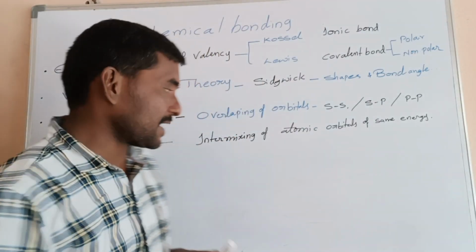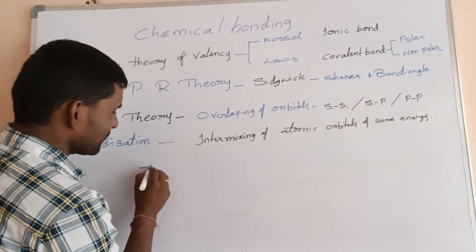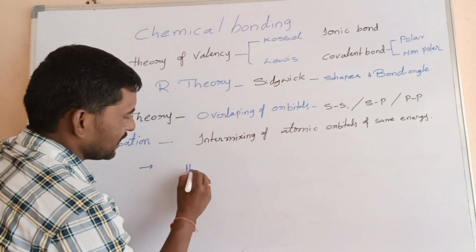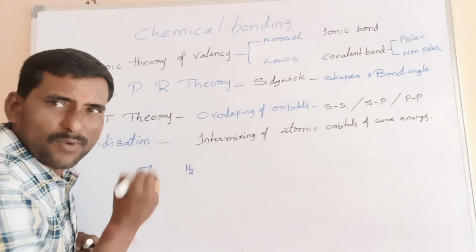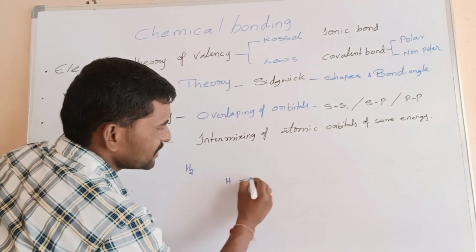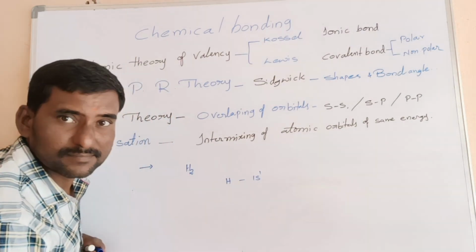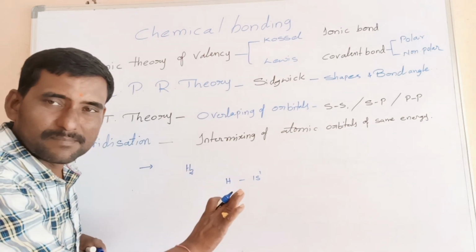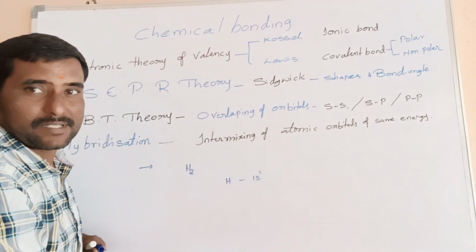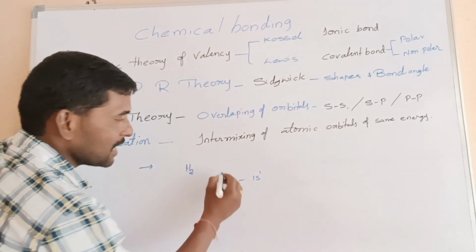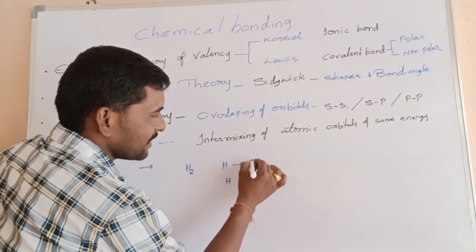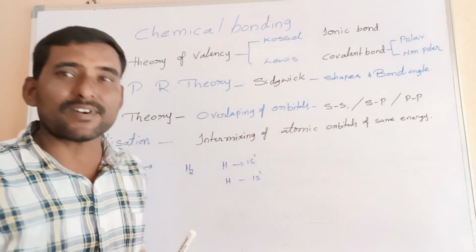For example, take hydrogen, H2. One hydrogen contains only 1 electron. It is not stable. If it gets 1 electron, it can be stable. Another hydrogen also has the same 1s1. Both require 1 electron.